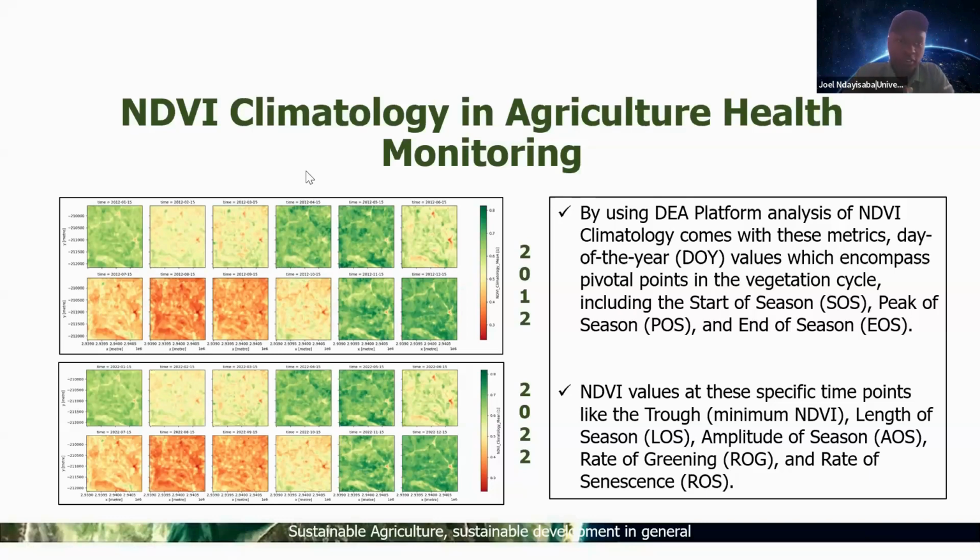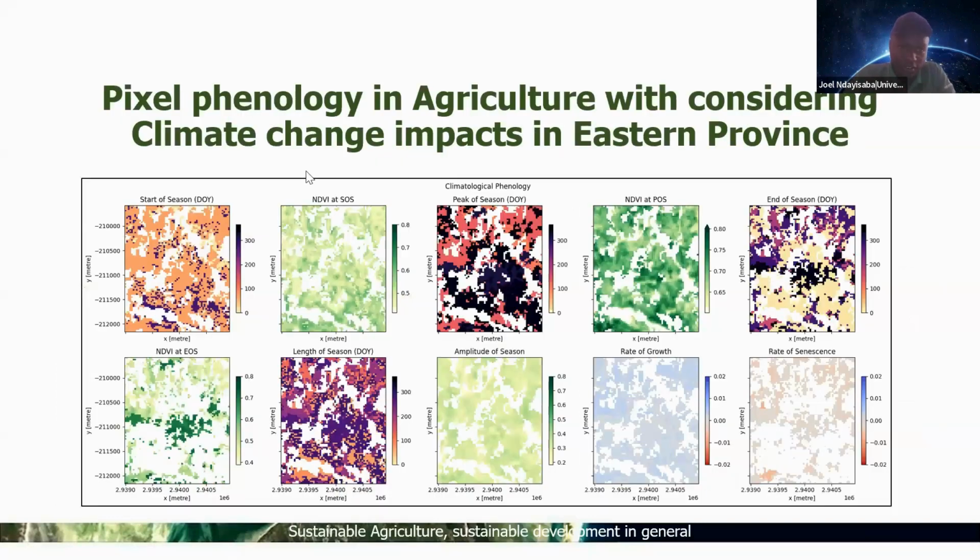So here we found that at the start of season, the vegetation is distributed accordingly, where this pixel phenology has been used to monitor the areas that are more in danger than others.